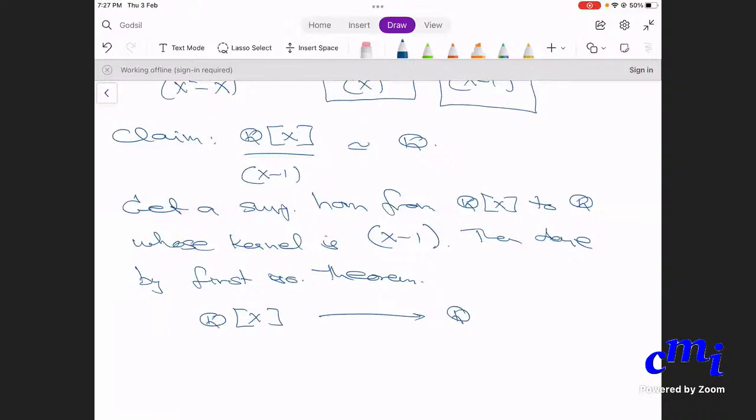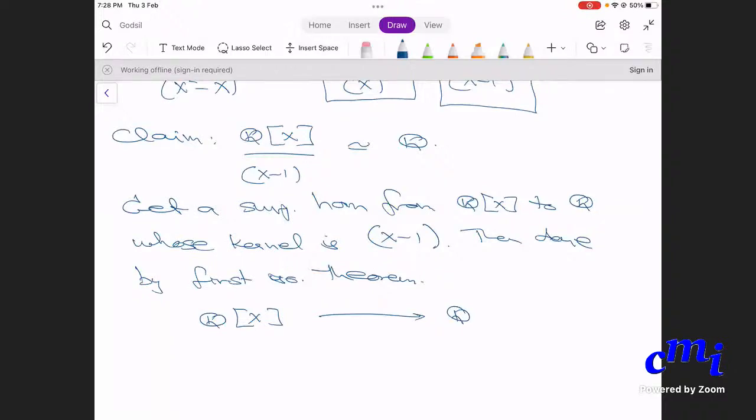For example, you could set x equal to 0. If you set x equal to 0 in a polynomial, you just take its constant term. That actually gives you a homomorphism from Q[x] to Q. You can check that the constant term of a sum is the sum of the constant terms, and the constant term of a product is the product of the constant terms. So this gives you a ring homomorphism from Q[x] to Q.